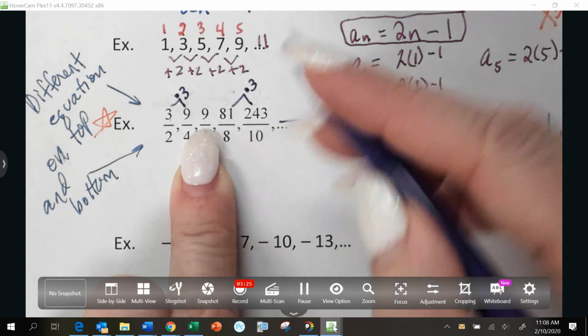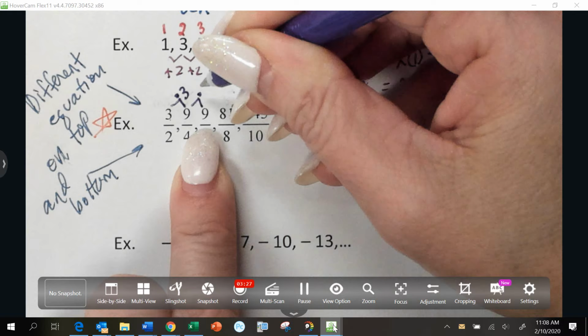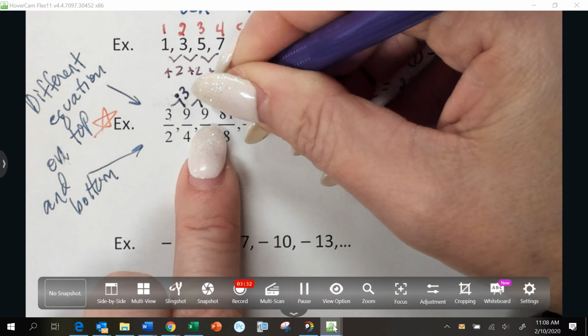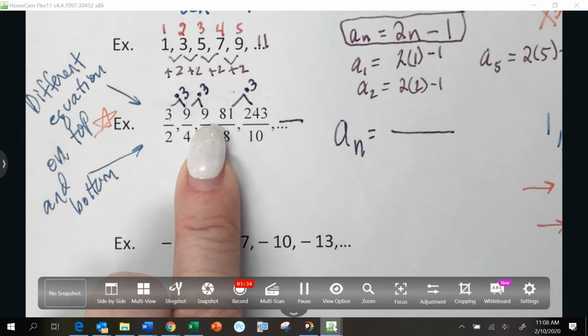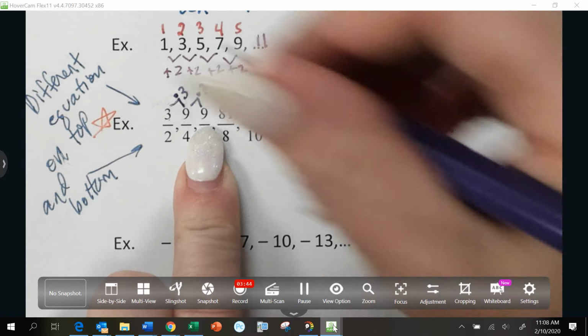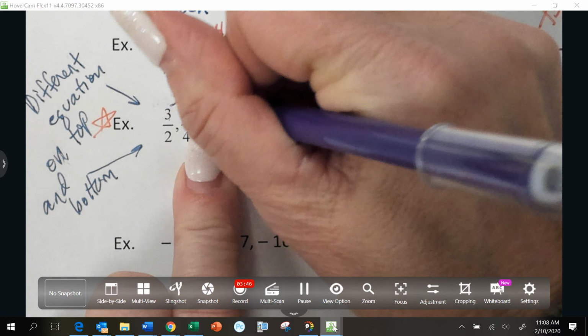So if I did multiply by 3, what would the middle number be? Nine times 3 is, Drew, 27. It would be a 27.